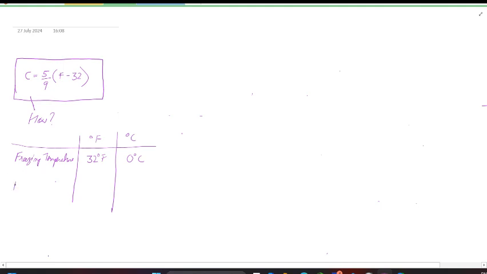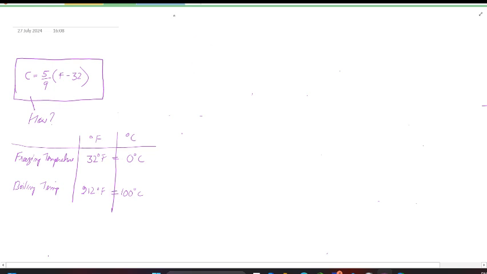On the other hand, we have the boiling temperature. In terms of degree Fahrenheit, it's 212 degree Fahrenheit, and in terms of Celsius it's 100 degree Celsius. So we know that 32 degree Fahrenheit equals 0 degree Celsius, and similarly 212 degree Fahrenheit equals 100 degree Celsius.